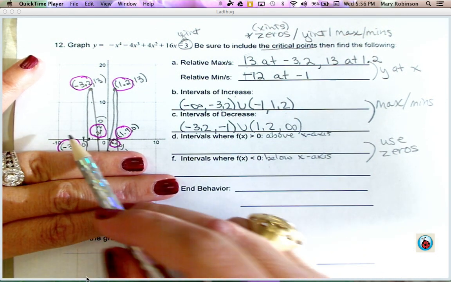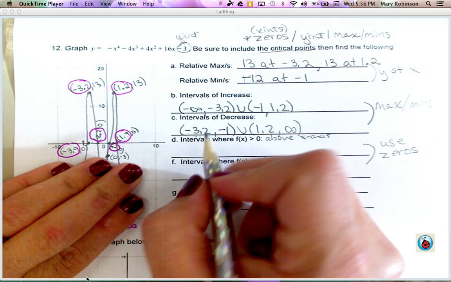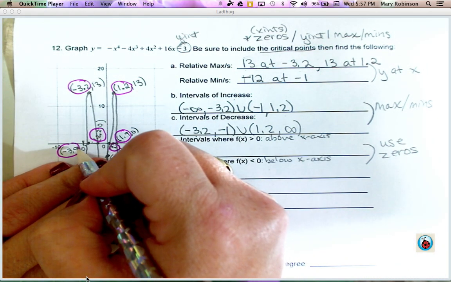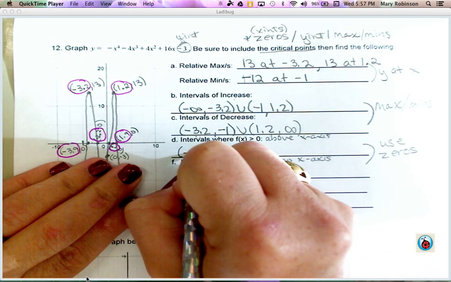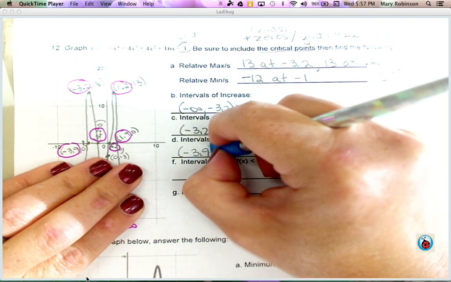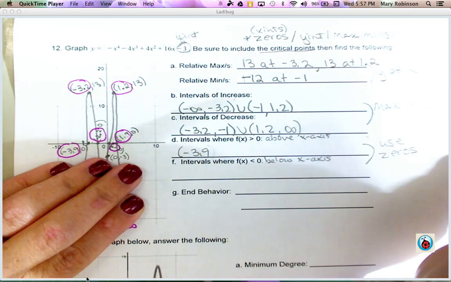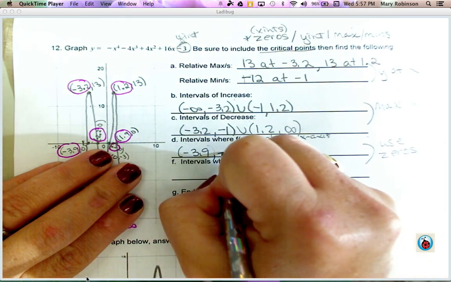So let's start from left to right, and we want to use these 4 coordinates here. So it is above the x-axis from negative 3.9 to negative 2.2.